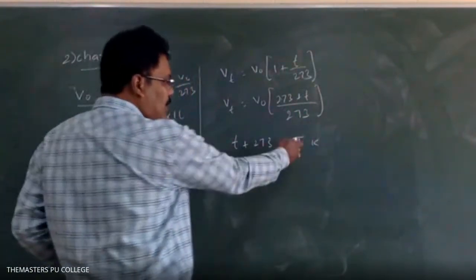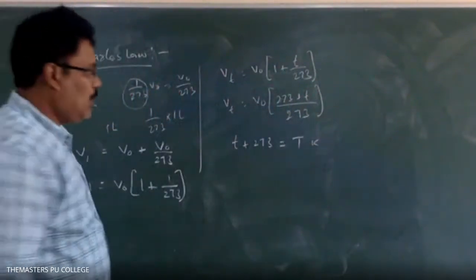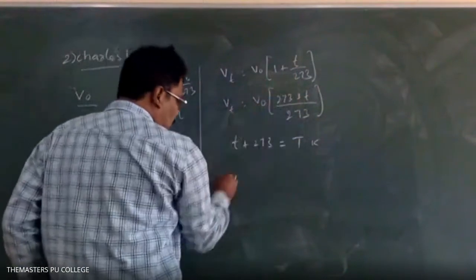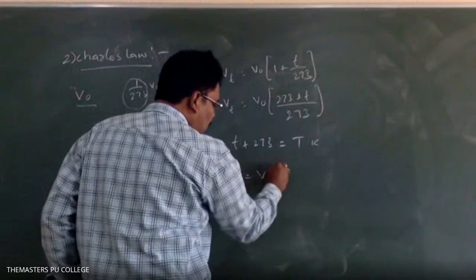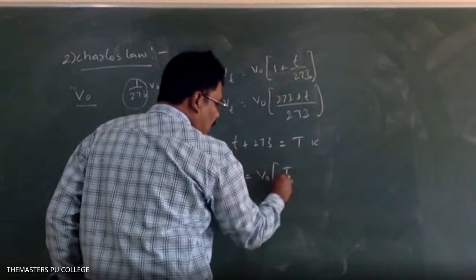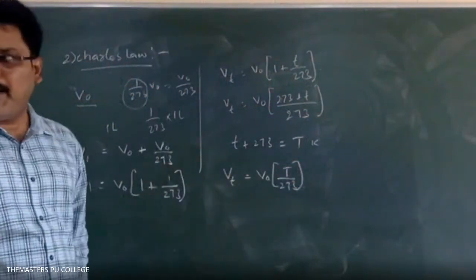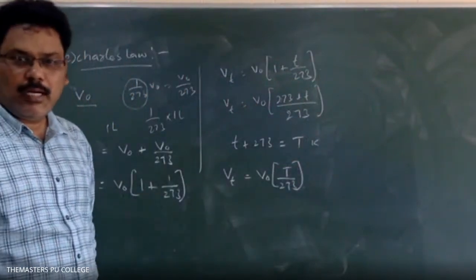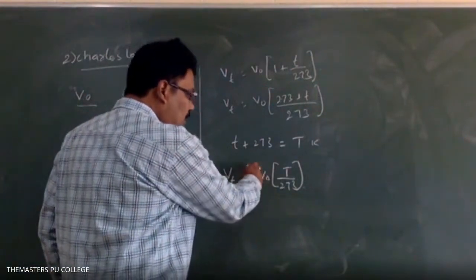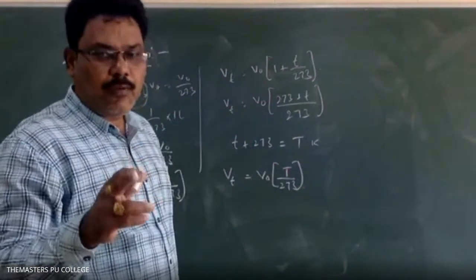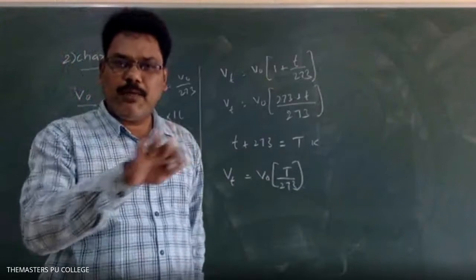So by substituting T plus 273 is equal to capital T, when you substitute this value, what will you get here? Vt is equal to V naught into T by 273. Understood? But here, we know that V naught is the fixed amount of gas, that is, the volume of the gas we are taking is fixed.